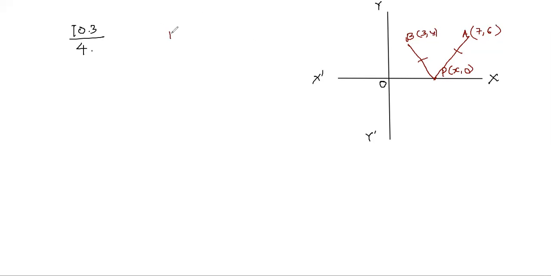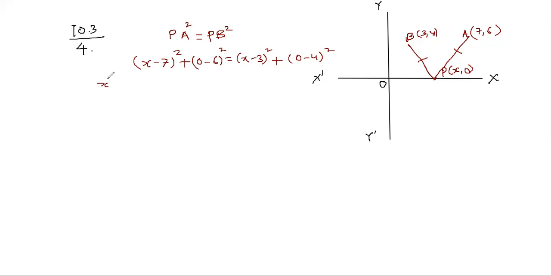So distance PA is equal to PB. The distance formula will be applied. PA will be equal to PB, or you can write squares on both sides so that there is no need to put the square root. So formula x2 minus x1. So PA: x minus 7 whole square plus 0 minus 6 whole square will be equal to x minus 3 whole square plus 0 minus 4 whole square.